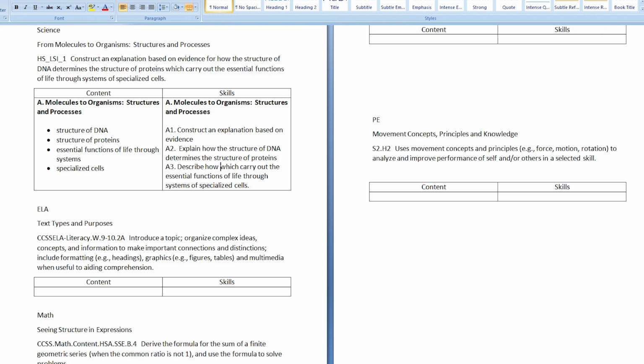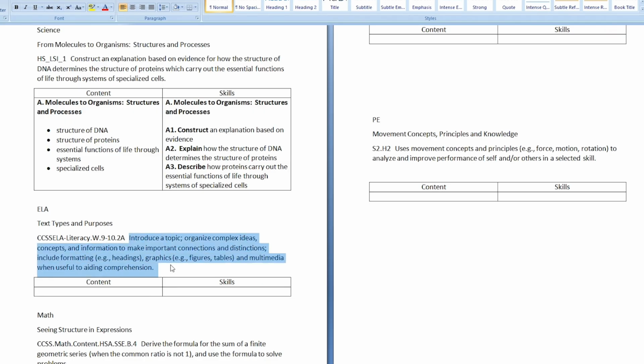They actually have to describe how proteins carry out the essential functions of life through systems of specialized cells. These are complex skills.